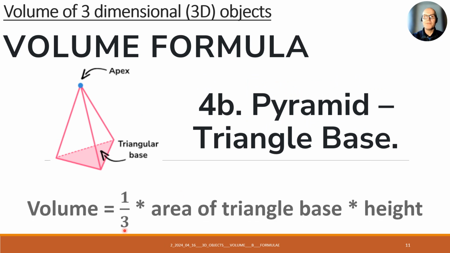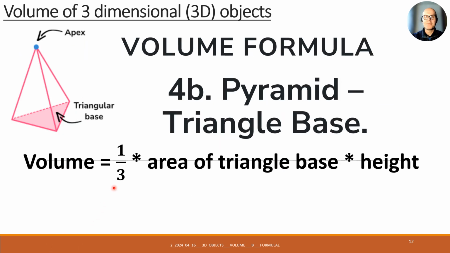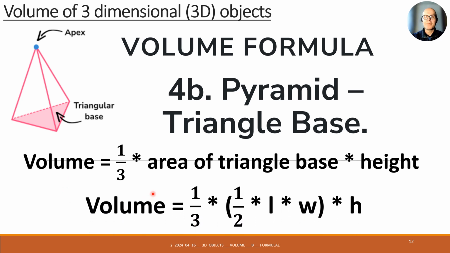This is the volume for a triangular-based pyramid. 1/3 of the area of the triangle base times height. So the area of the triangle base is a half of length times width.